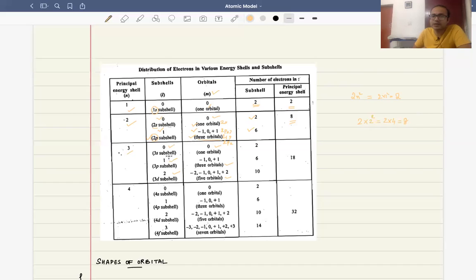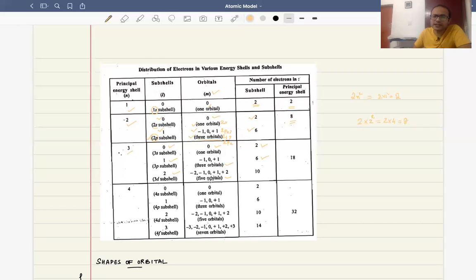Let us now calculate how many electrons are accommodated in each of these subshells. When it is the 3s subshell, only one orbital is possible, so it can accommodate only 2 electrons. When it is 3p, there are 3 orbitals possible, so a total of 6 electrons, because each orbital can accommodate 2 electrons.